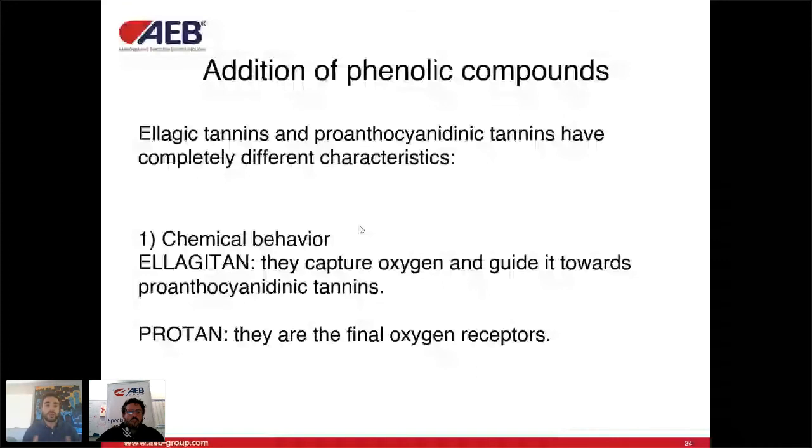So CAEB created different lines of Ellagic tannin and Proanthocyanidic tannins to address these specific tasks. And the first difference between these two product lines is their chemical behavior. But the chemical behavior results in two different taste modifications.